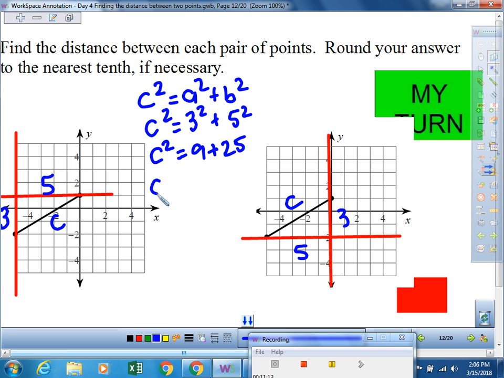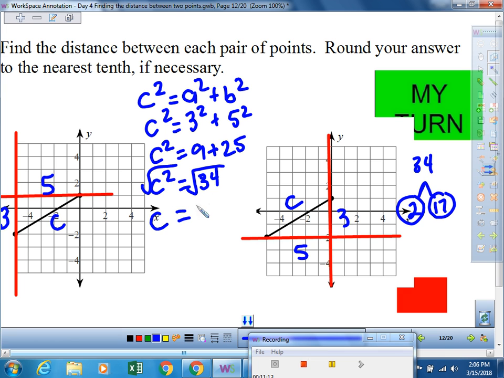What's 9 plus 25? 34. So let's factor 34. I have 2 and 17. Those are both prime numbers, so can I factor 34? No. That is your answer. C equals the square root of 34.